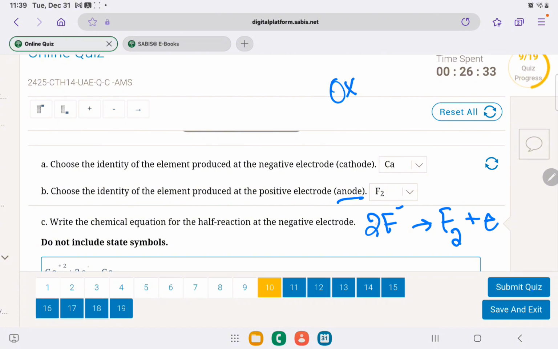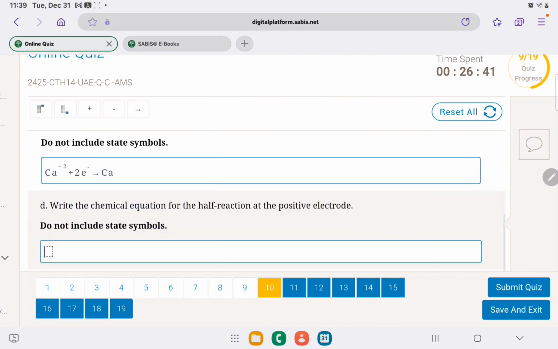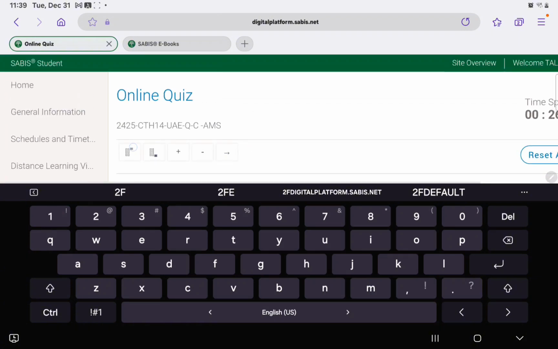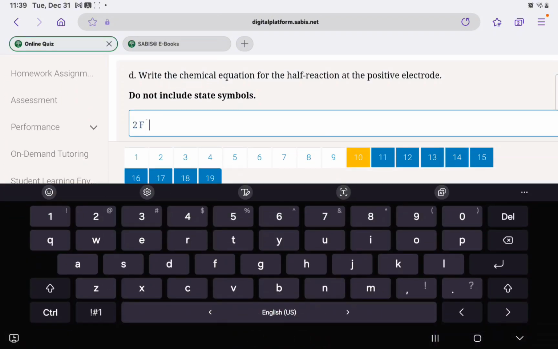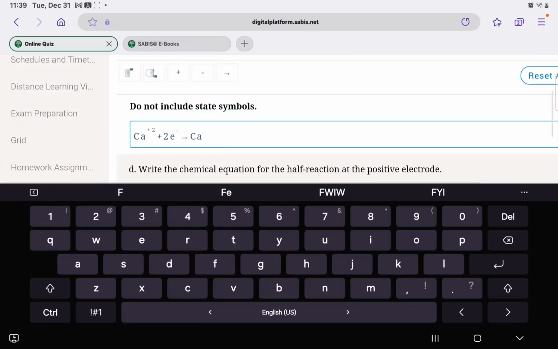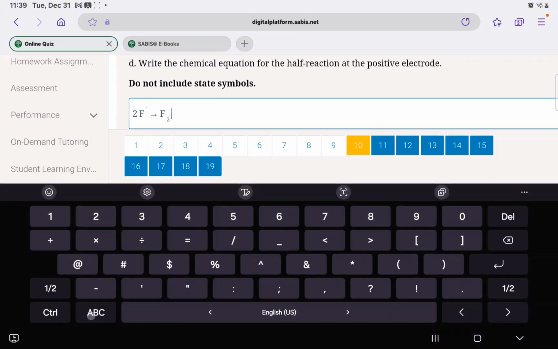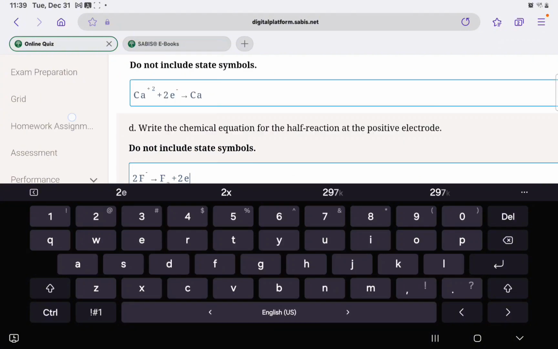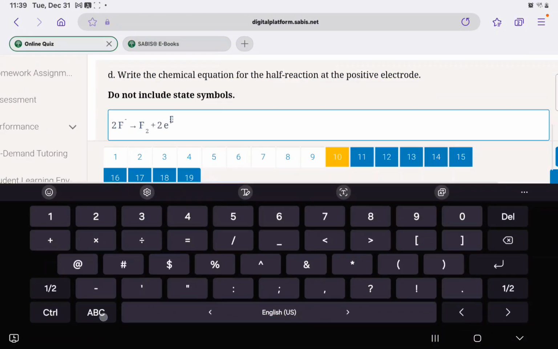And since there are 2 electrons, we're gonna have 2 electrons after the arrow. So 2F minus to give F2 plus 2 electrons, e minus.